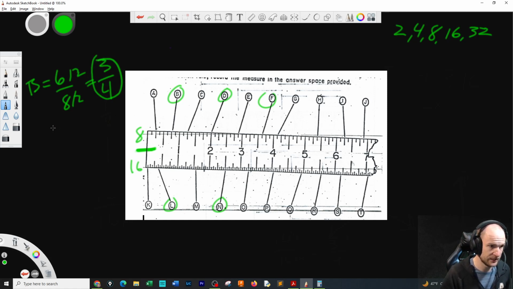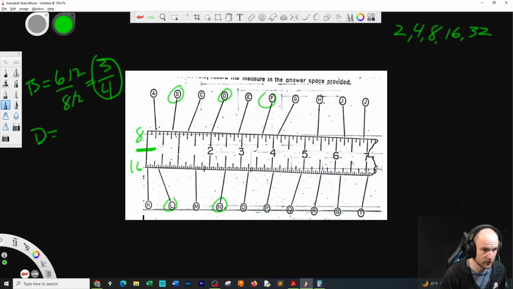So let's see, we got D here. And D is also on the 8th scale, so I'm going to say D over 8 is a number. And so first situation, D I can actually get really lazy on. Because the first thing we do, even before we do the fractions, is we look for whole inches.